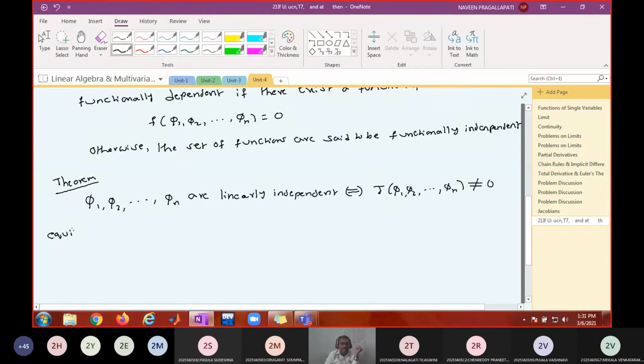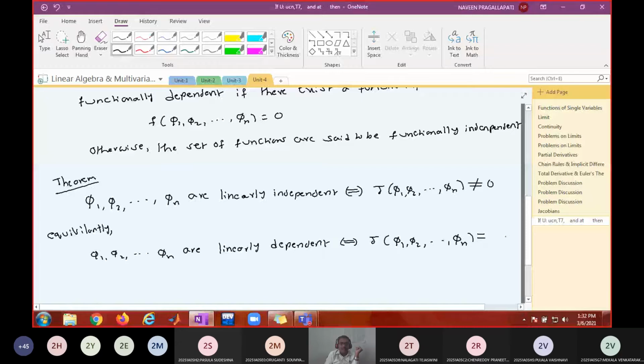Equivalently, what can you write? Phi 1, phi 2, and so on, phi n are dependent if and only if the Jacobian is equal to 0.